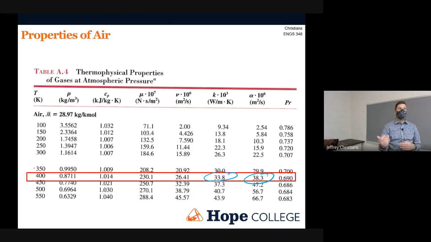But we get a convection coefficient that's twice as much because we flipped from laminar to turbulent. Just to show how important that is. We have worse thermal properties. It conducts heat less well, heat moves through it less well. But we get way better convection because of the turbulence. So if you're aiming for heat transfer or good convection, you have to be aiming for turbulent flow.